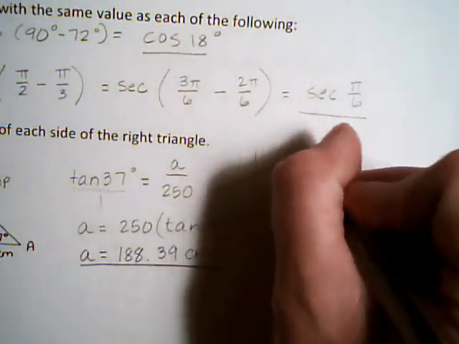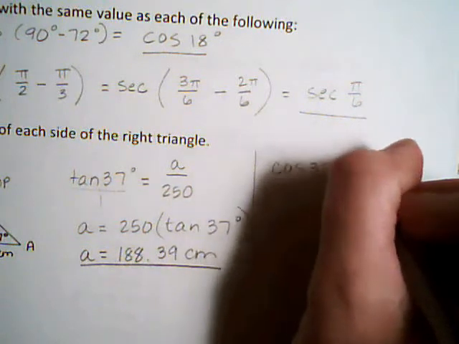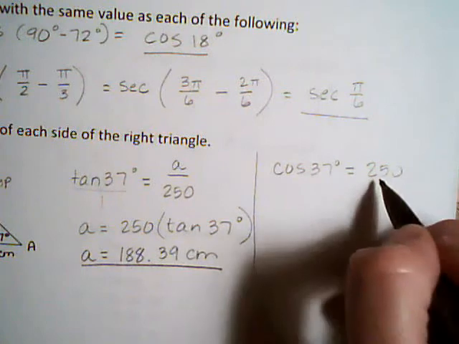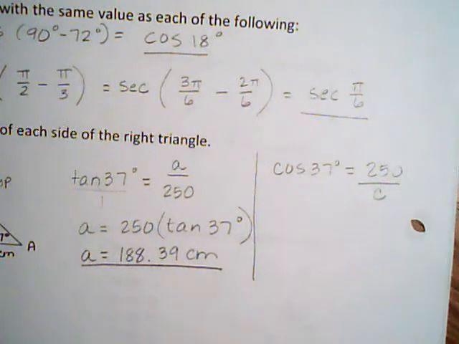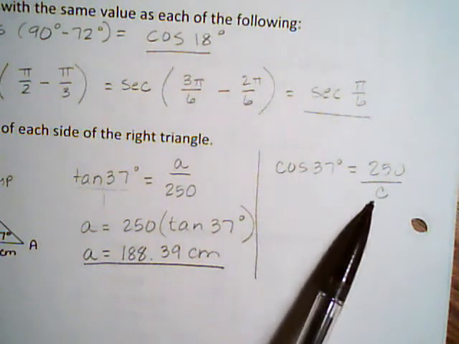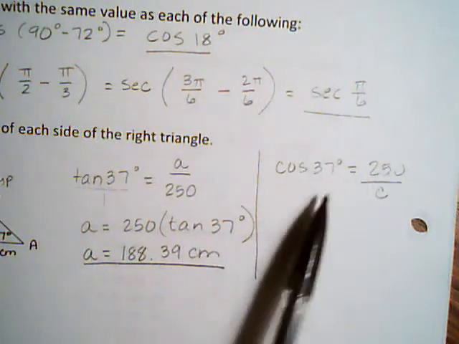So I could say the cosine of 37 degrees is equal to the adjacent side, which is 250, over the hypotenuse, which is C. Okay, so here you can tell my variable's in a different location. It's in the denominator, but I can still cross multiply.